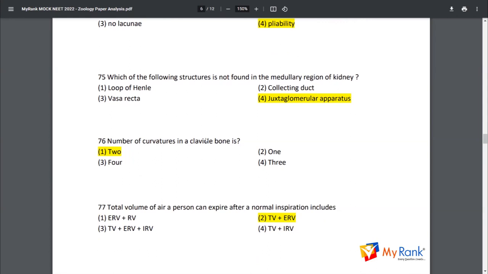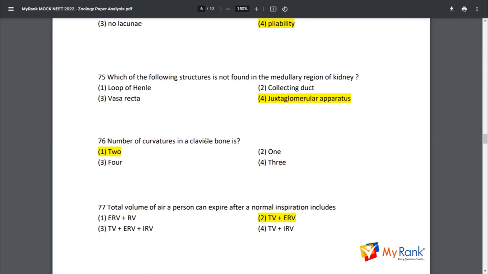75. Which of the following structures is not found in the medullary region of the kidney? So the nephron has got two parts: the part that is found in the cortex region, and the part that is found in the medullary region.